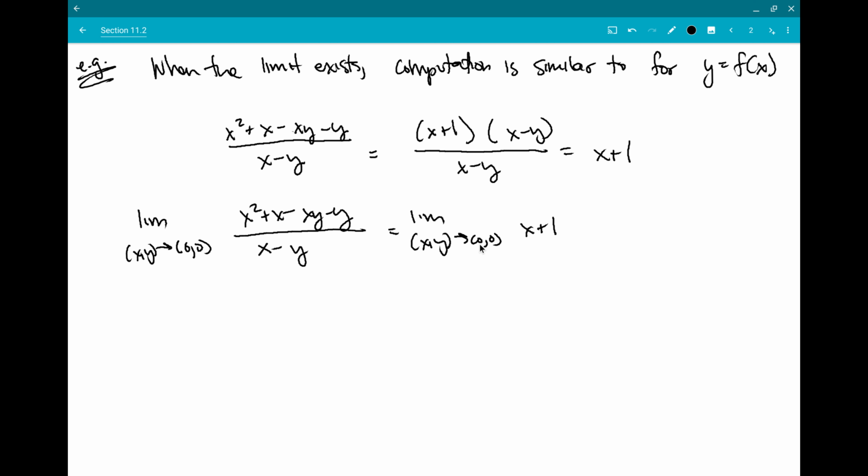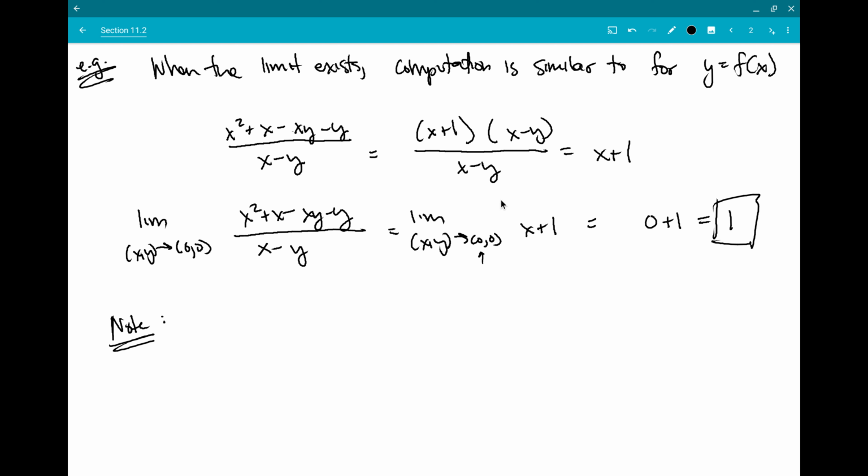If I just plug in x equals 0, I get 0 plus 1, which is 1. That would be my answer for evaluating this limit. And so hopefully that feels familiar. You just basically get it to a point where you can plug in a number and then evaluate it.